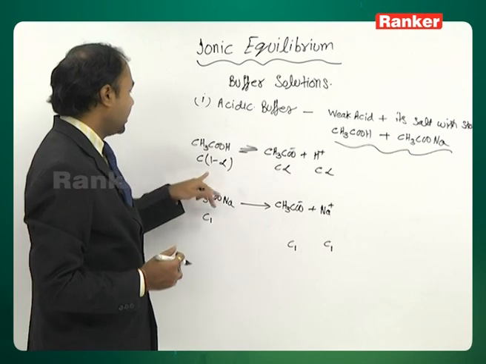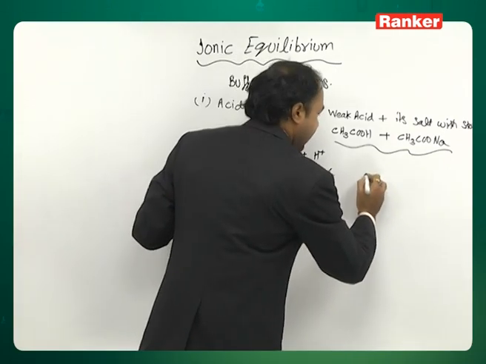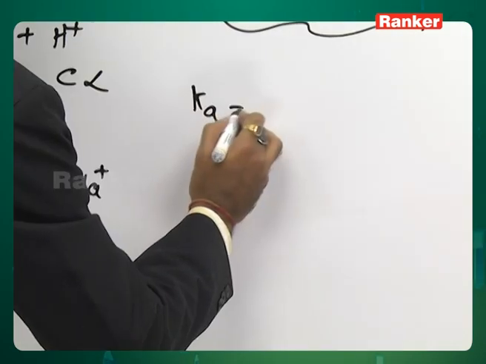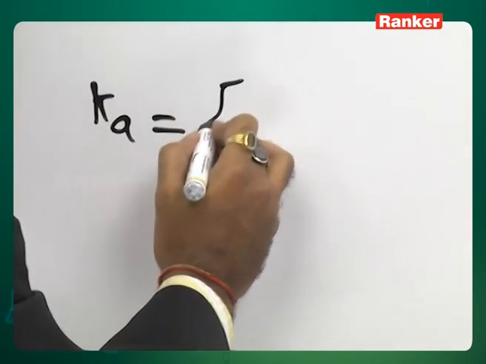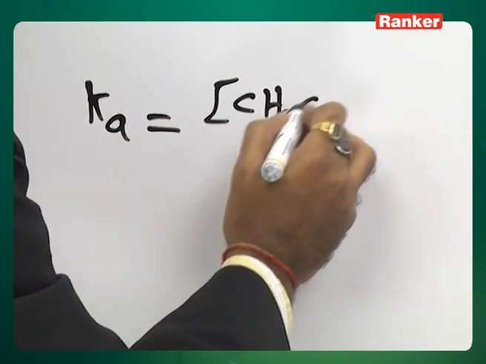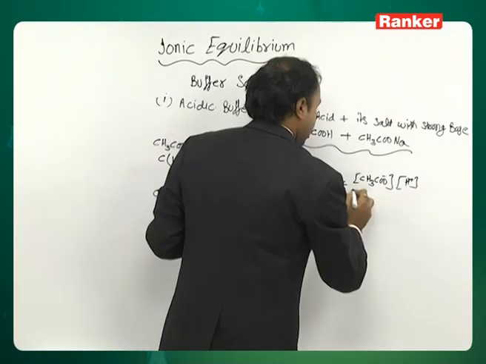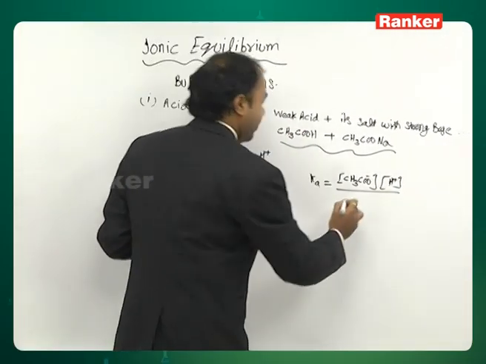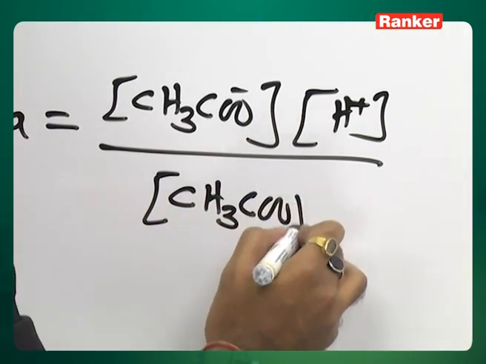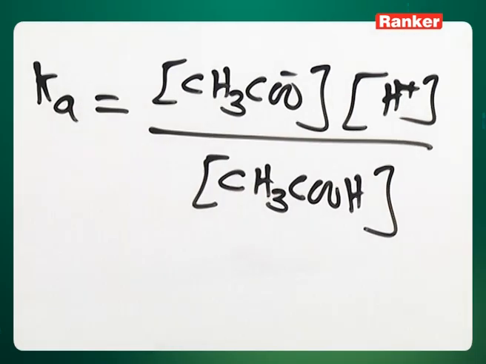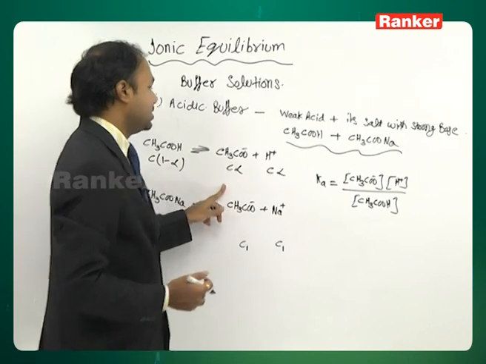Now we are going to write equilibrium constant for acetic acid and we assume it to be Ka. This will be equal to concentration of acetate ion, CH3COO minus, into H plus ion upon concentration of acetic acid, CH3COOH.